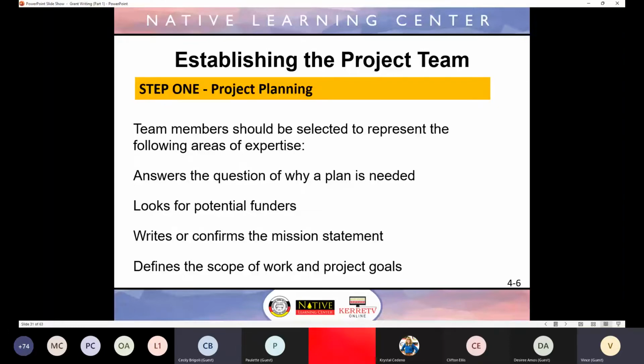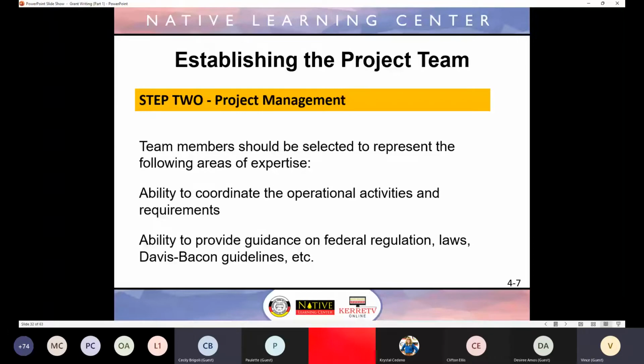For example, you can use Indian housing block grant for construction. You can use it for rehabilitation of housing, construction of housing. You better understand the Davis-Bacon legislation, and you need to understand the prevailing wage regulations that are in place.